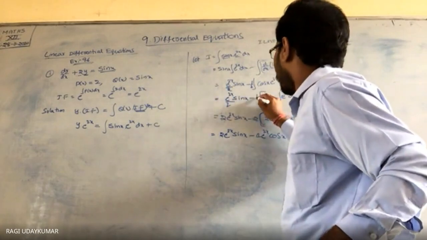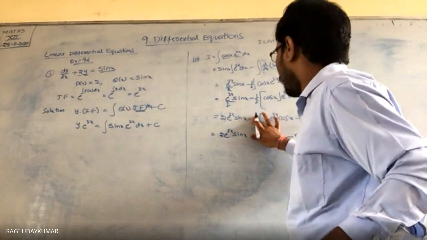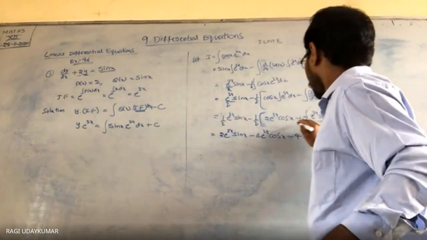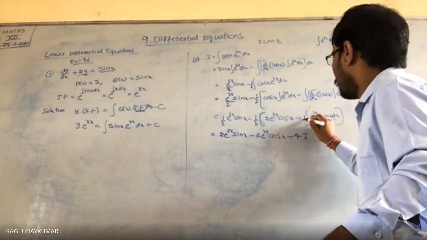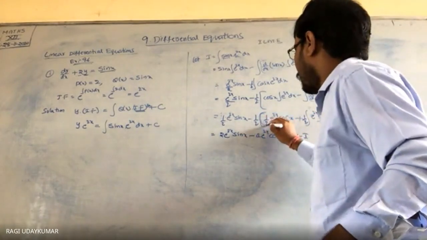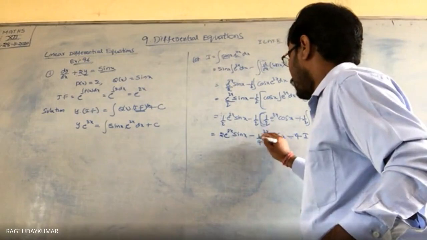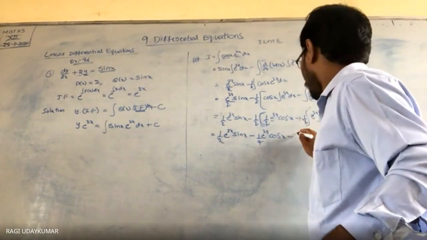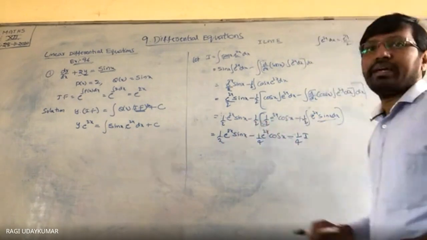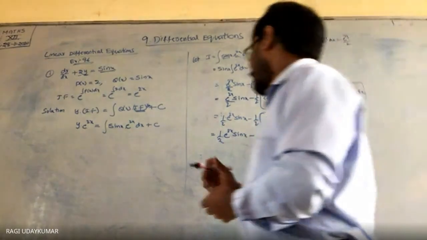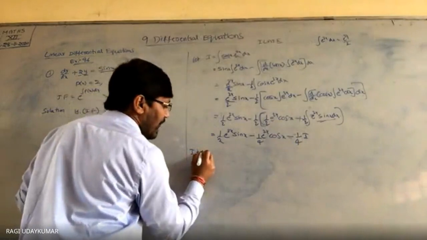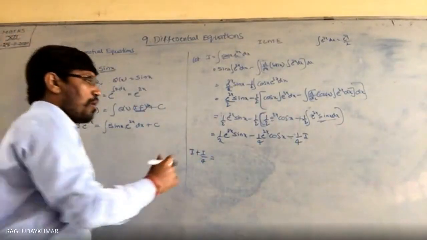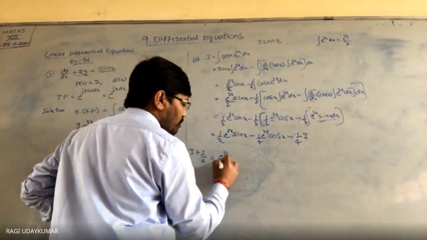So here we are going to get 1 by 2 and here 1 by 2, here 1 by 2 and here also 1 by 2, here also 1 by 2. So we will get here 1 by 4, here 1 by 2, sorry, and minus ये 1/4 I को राइट साइड लेके आया. So what do you get here? I plus I by 4 is equals to डिनोमिनेटर को कॉमन 4 ले लो, e power 2x by 4.